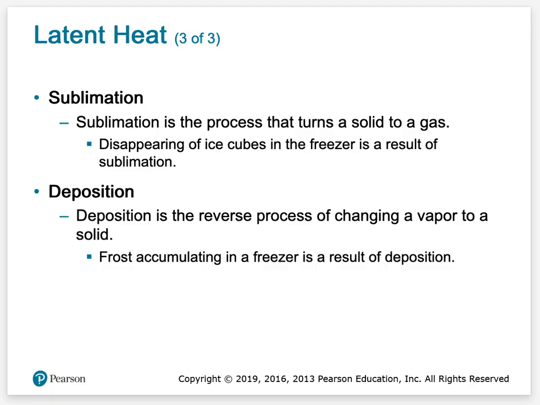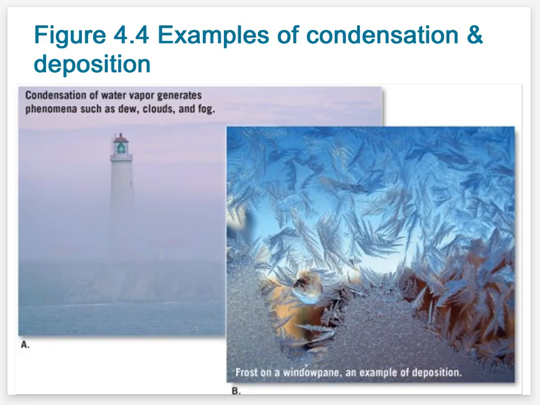Deposition is the reverse process of changing a vapor to a solid, and here we have frost accumulating in a freezer, which is a result of deposition. These are examples of condensation and deposition. Condensation of water vapor generates phenomena such as dew, clouds, and fog. And frost on a window pane is an example of deposition.